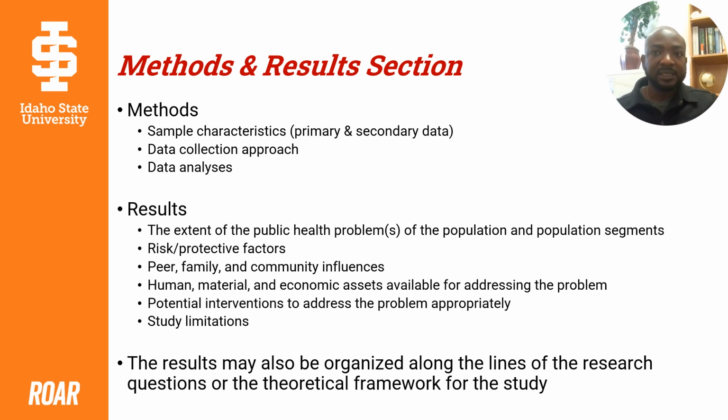So in addition, this section describes the human, material, and economic assets that are available in the community to address the problem, such as individual knowledge, skills, and resources of the community members, agency personnel and others, interpersonal actions and norms, existing community resources and services, institutional resources, both financial and material, and the resources for developing public policy.